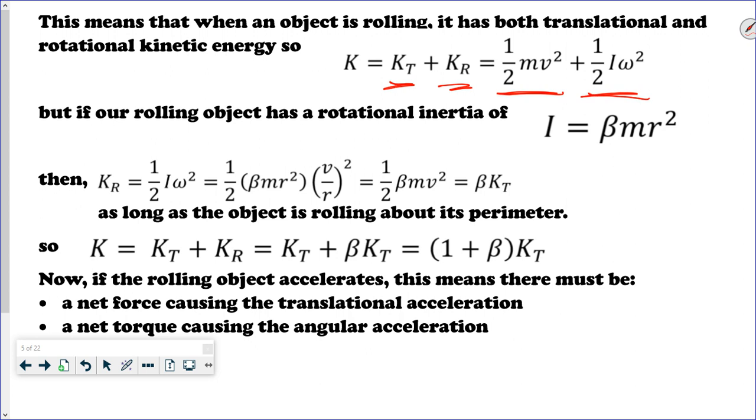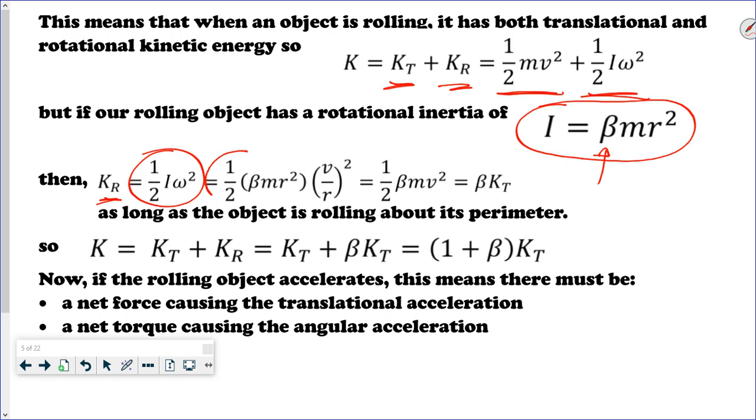All right, so it turns out if the object has a rotational inertia, which is I equals beta mr squared, okay, right? Because usually rotational inertia is some fraction times mr squared, right? So it turns out then you can rewrite your rotational kinetic energy as follows. We know that rotational kinetic energy is 1/2 I omega squared, right?